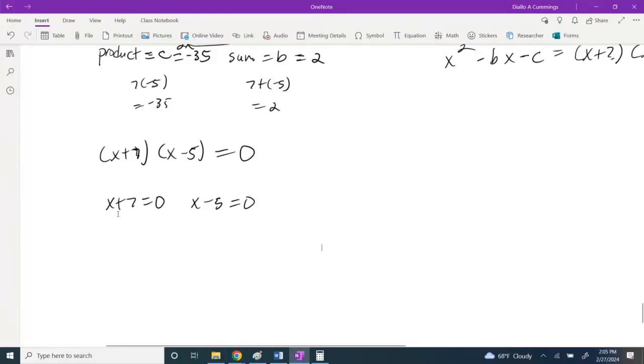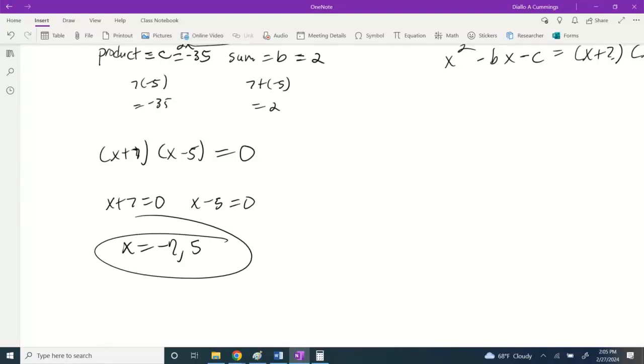To solve x plus 7 equal to 0, I can transpose that 7, and when I move it across the equal sign, I get negative 7. I can transpose negative 5, and when I move it across the equal sign, it becomes positive 5. So my two solutions are negative 7 and positive 5. And that is the zero factor property method.